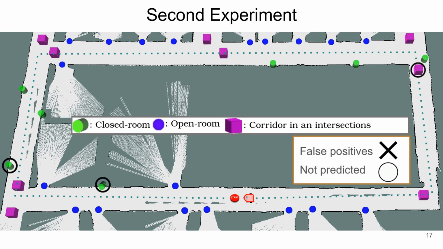This image shows the full trajectory of the robot and its predictions in one of the runs in the second experiment.